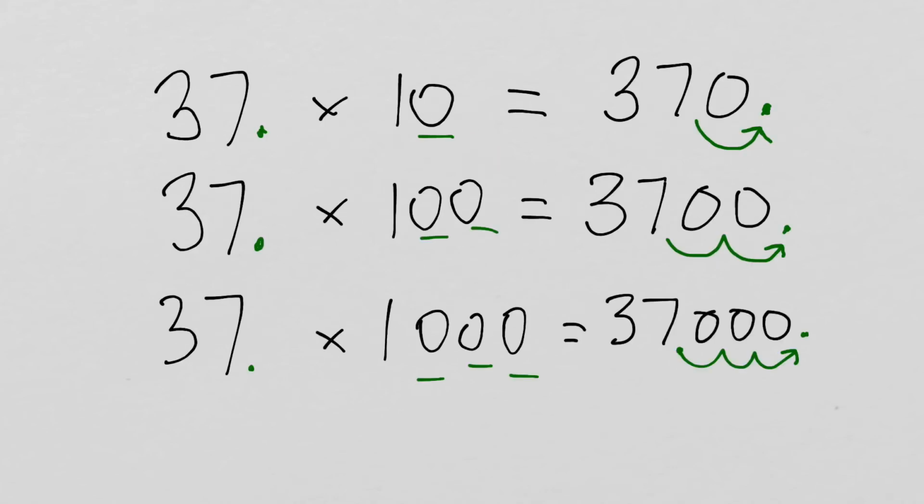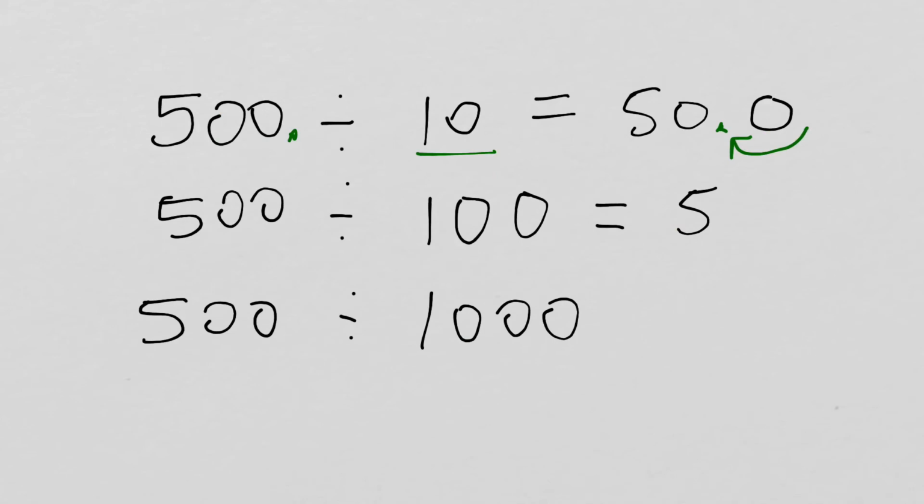Remember, this way is moving right, making the number bigger because we're multiplying. And this time it's moving left, making the number smaller because we're dividing, right? So if you divide by 10, it moves 1 place left. If you divide by 100, well, let's look at those original zeros that were there, 5.00, right? It's like $5.00.